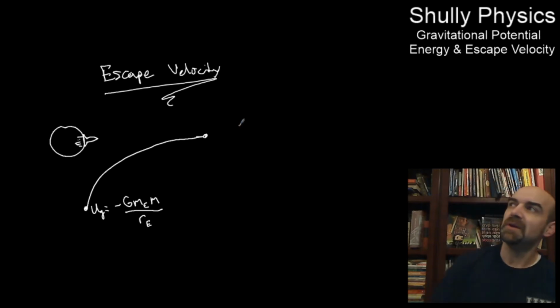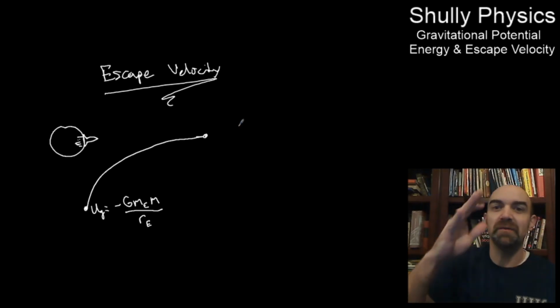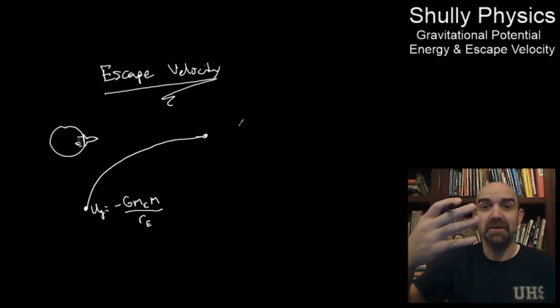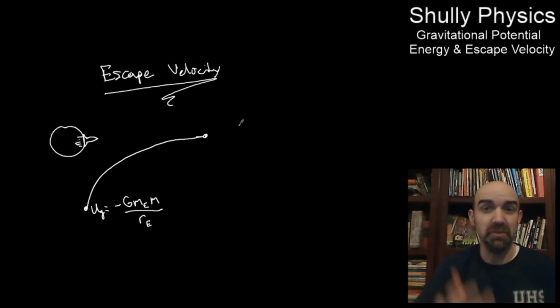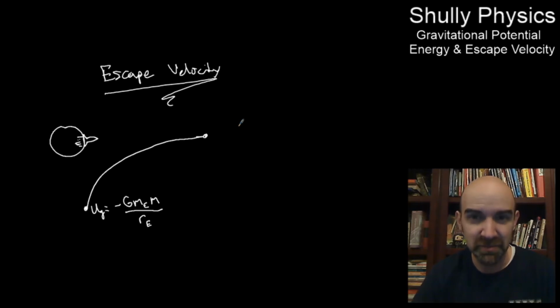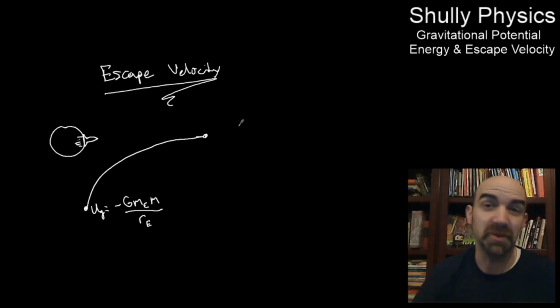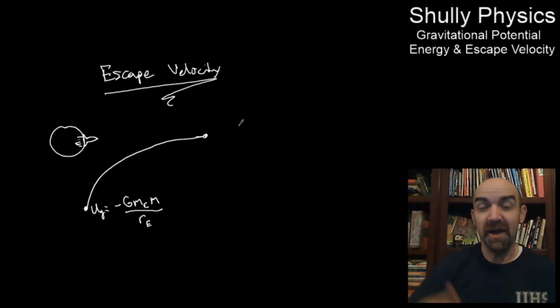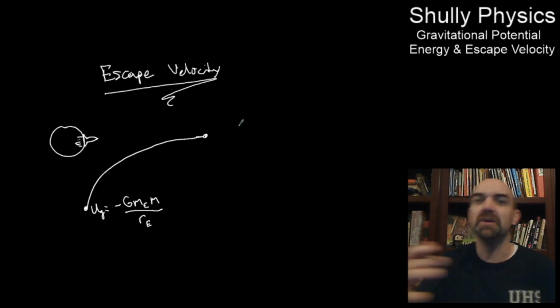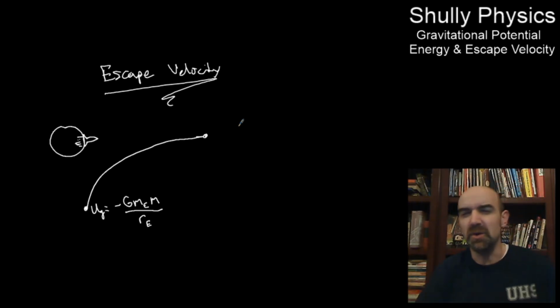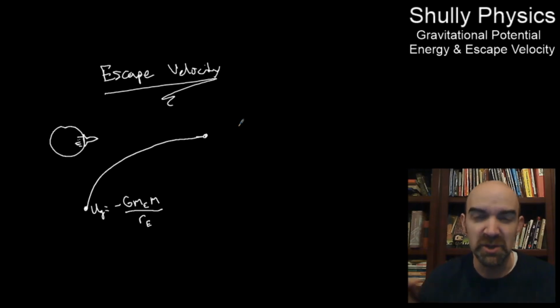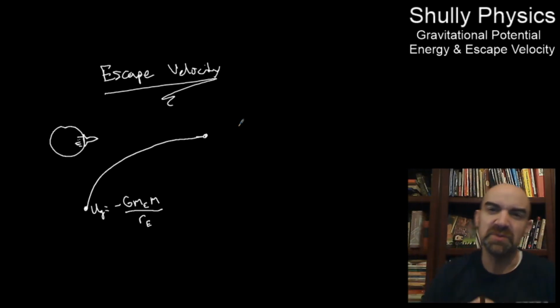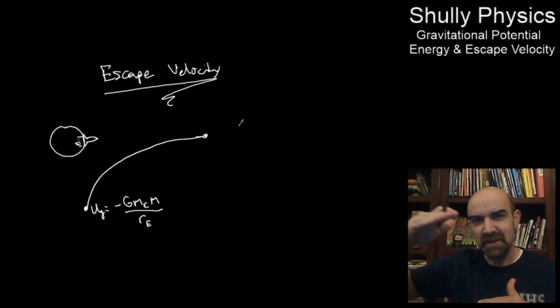Well, if you could launch yourself up off of the planet, eventually the planet would pull you back if you went straight up and you weren't going fast enough. Important thing. If you launch yourself up higher with more energy, you're going to go up further, but eventually you're going to come back. So, is there a speed at which you can launch yourself upward such that you go so high that you get to the top and you just don't fall back?